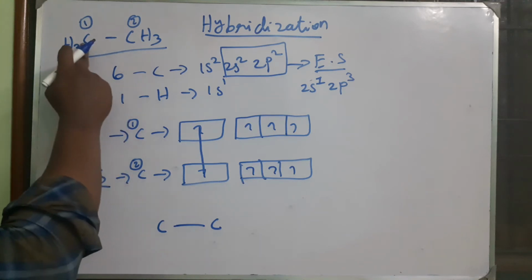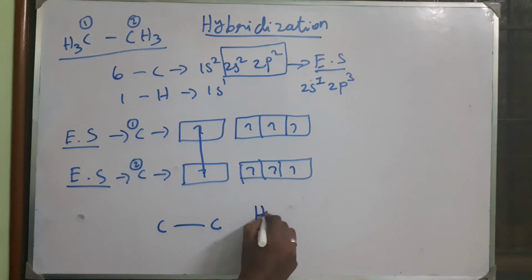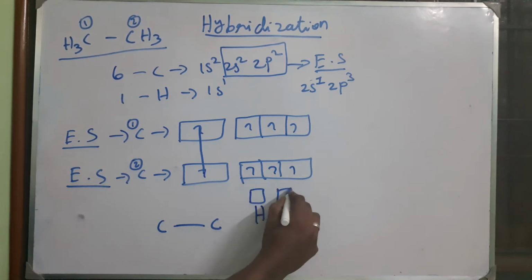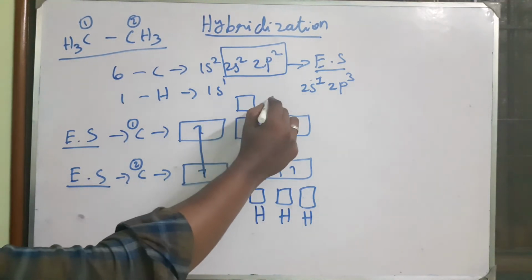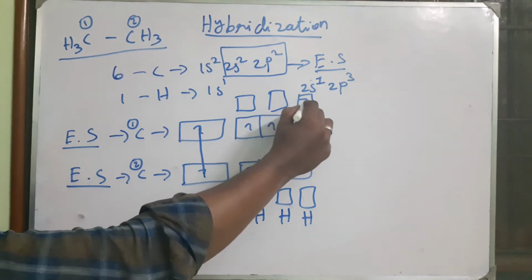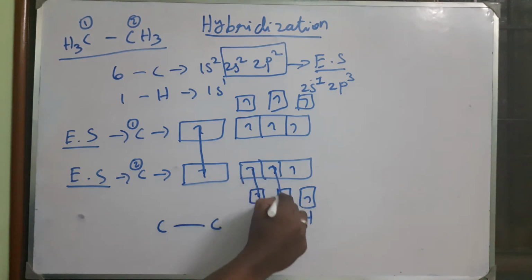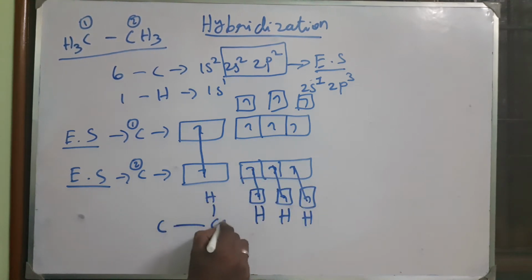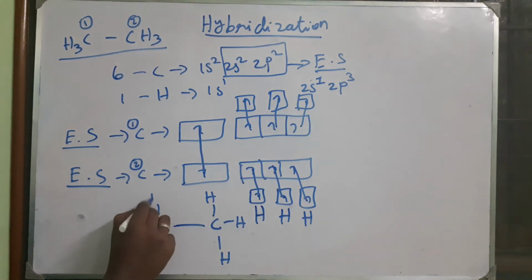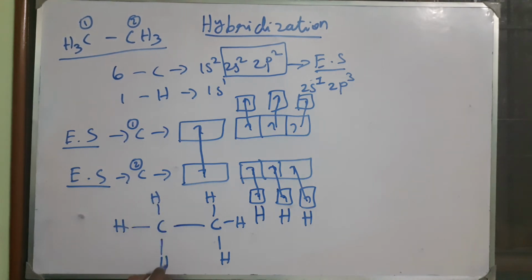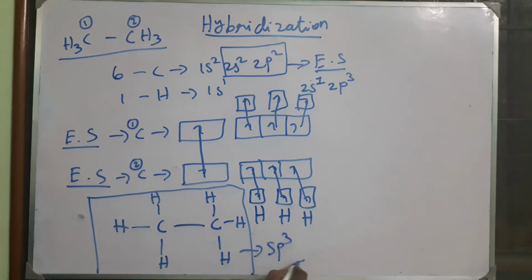Next, each carbon atom contains 3 hydrogen atoms. 1, 2, 3: 3 hydrogens bonded with this carbon and 3 hydrogens bonded with this carbon. So this is called an ethane molecule and sp3 hybridization.